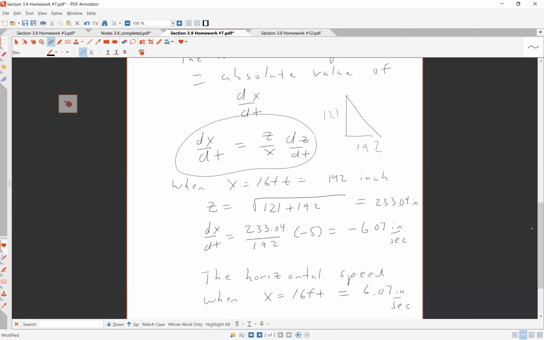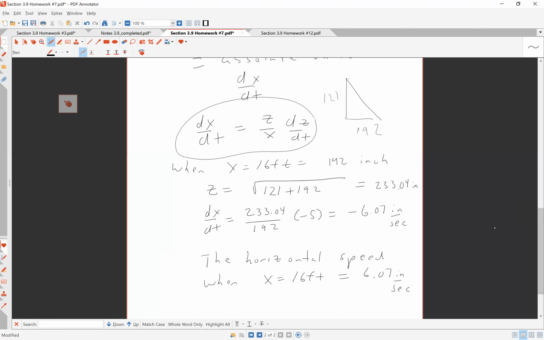So when the line is decreasing at 5 inches per second, the fish is 16 feet from the angler, and the pole is 11 feet high, the rate of change of the distance of the fish from the angler is negative 6.07 inches per second. But remember, we want the speed, so you take the absolute value. The speed is 6.07 inches per second. That's an approximation, but I think it's a pretty good one.